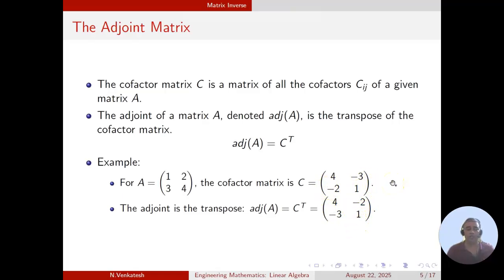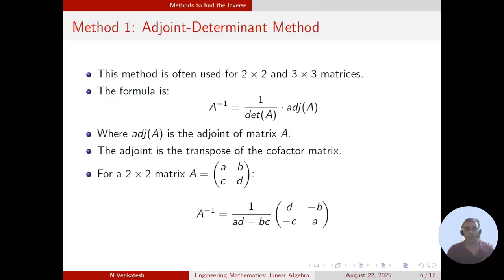Now to calculate the inverse, one of the methods is the adjoint-determinant method, where you find the adjoint of A and then divide it by the determinant of A. As we know, the determinant of a 2 by 2 we can directly calculate by using A into D minus B into C, and with the adjoint of A we can calculate the inverse.